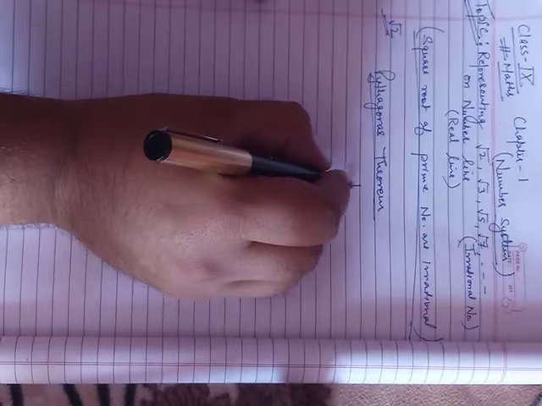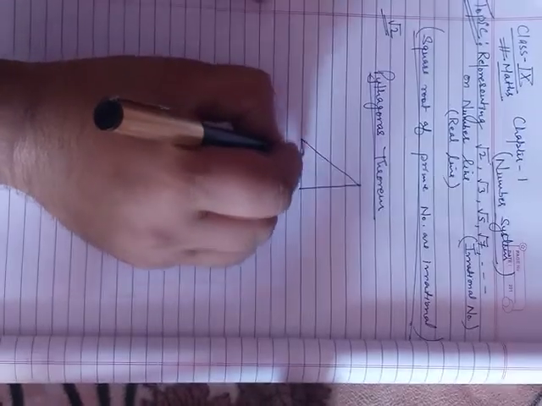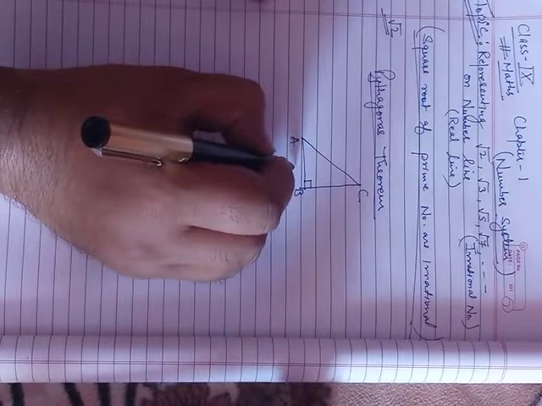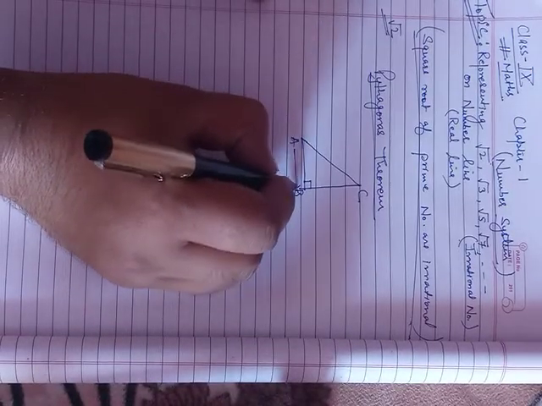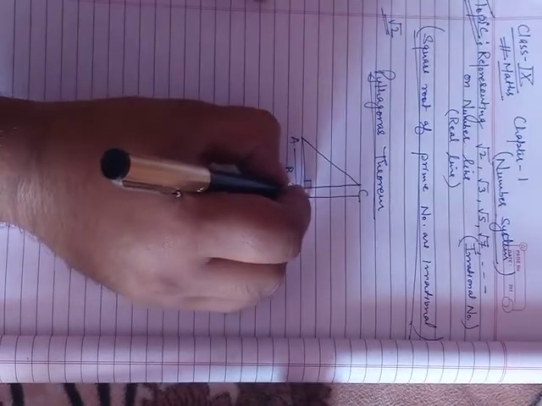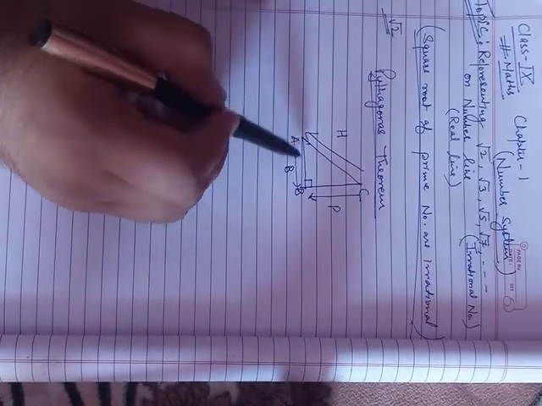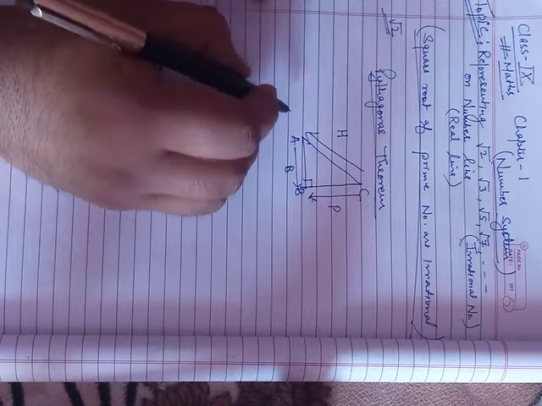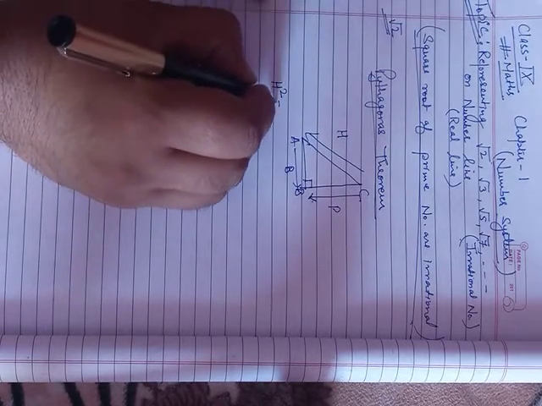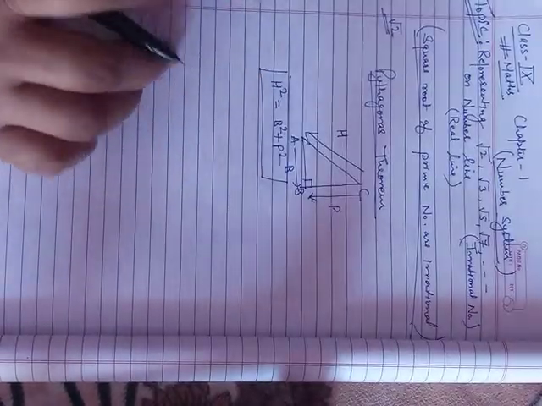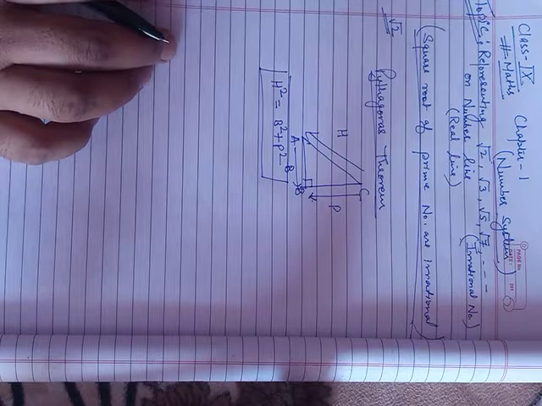In a right angle triangle, right angle at B, you are taking this one as base B, this one as perpendicular P and this one as hypotenuse H. Then your hypotenuse square is always equal to base square plus perpendicular square. You already studied this one, so we'll use this concept here.